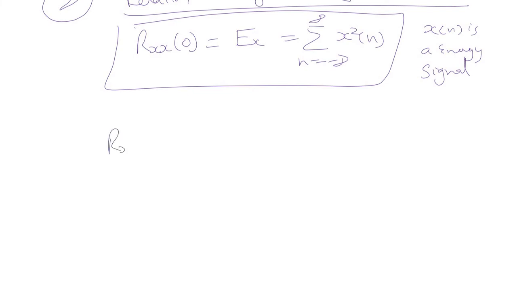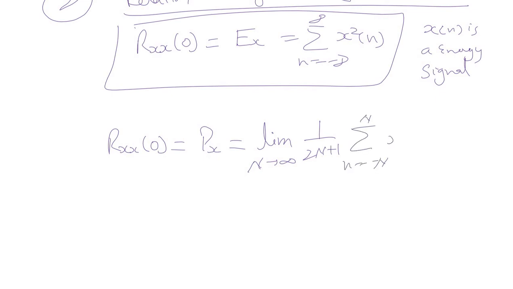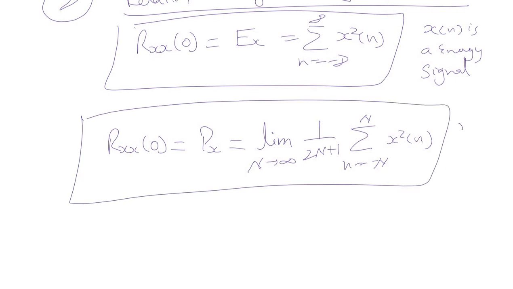Similarly, Rxx(0) is equal to the power of the signal and is equal to the limit N tending towards infinity of 1 upon 2N plus 1 times the summation from minus N to N of x square n, which gives you the power of the signal, and this is when x(n) is a power signal.